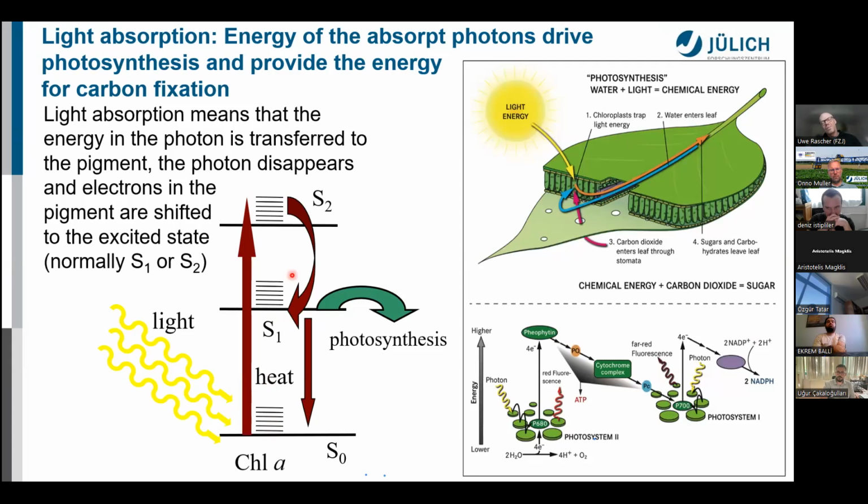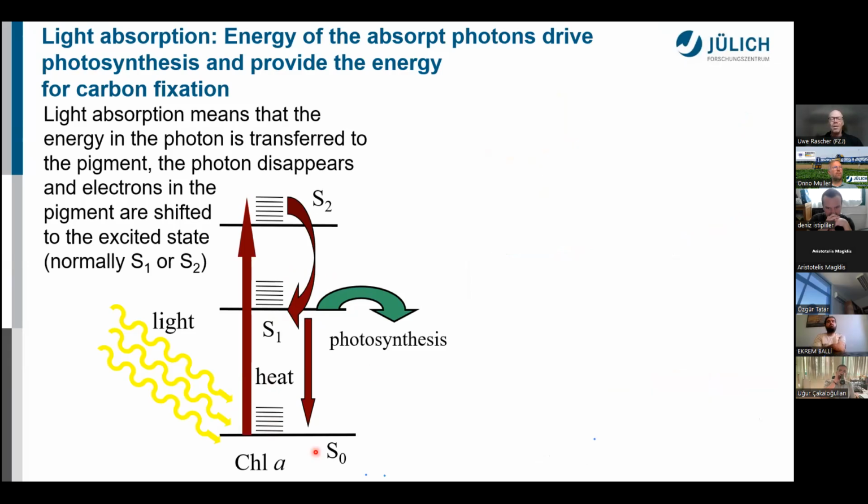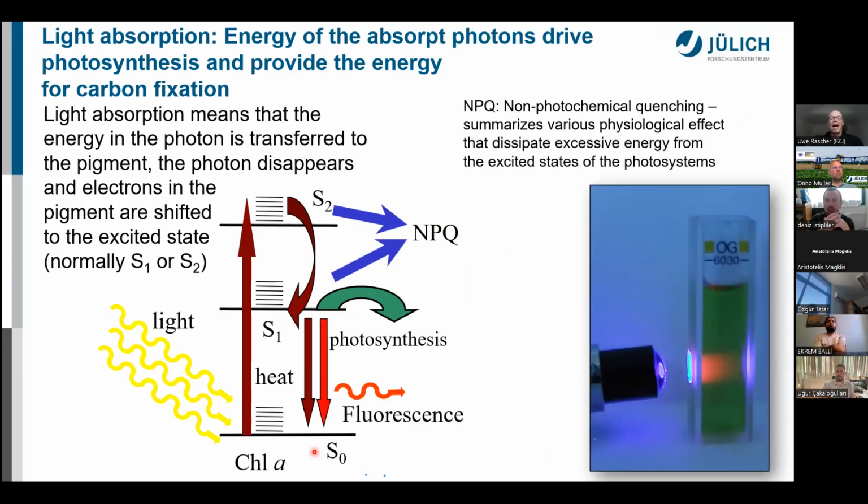The inverse process can also happen: energy in the pigments can be converted back to a photon and re-emitted as fluorescence light. So the conversion of the excited state to the ground state by the emission of a new photon is called fluorescence.